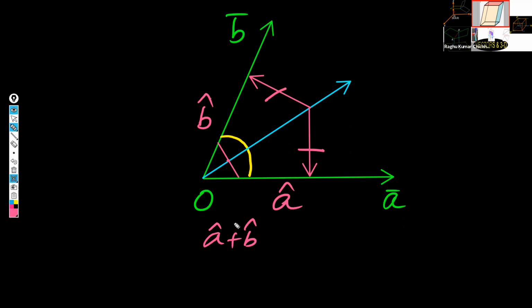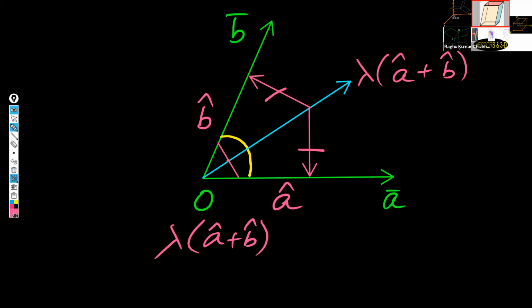So it will be some lambda times (A cap plus B cap) that gives you the internal angular bisector. According to the given condition, we will find the lambda value. So the internal angular bisector will be given by lambda into (A cap plus B cap).